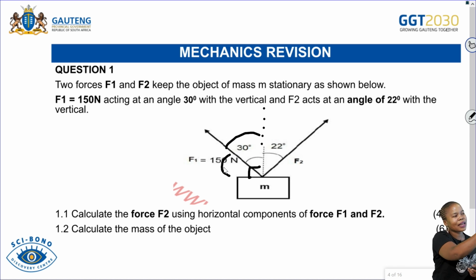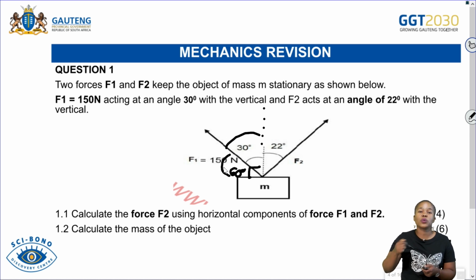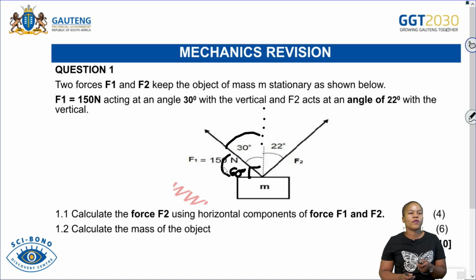That means this angle over here is 60 degrees to the horizontal. Now let's go find out for F1, because the horizontal forces are balanced. So if we can find the horizontal component for F1, that means we'll know it for F2.